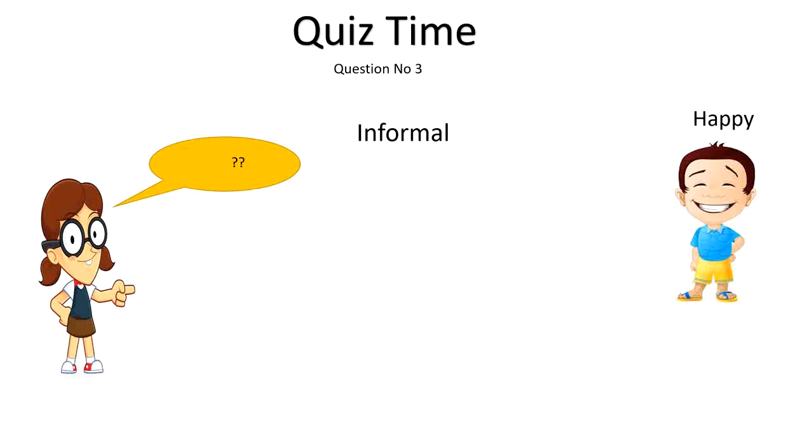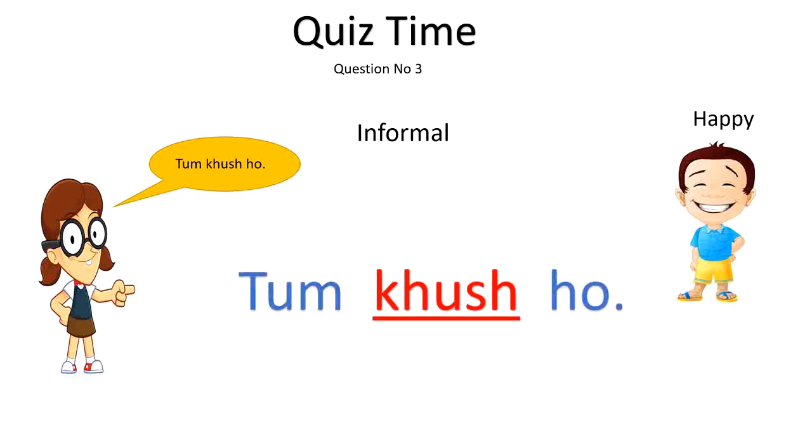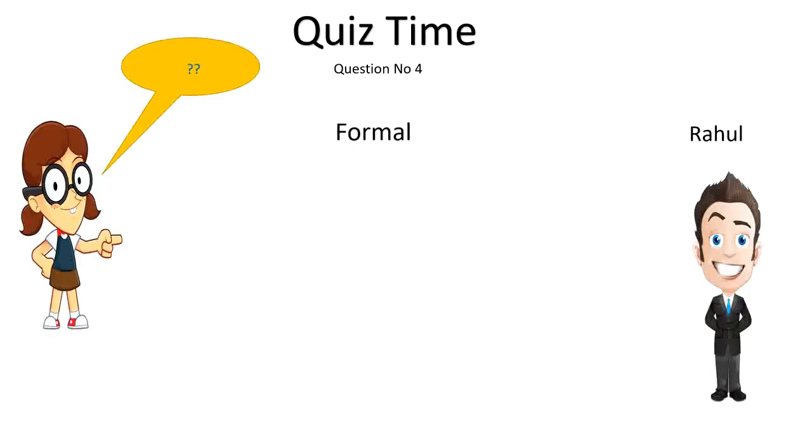Are you ready with the answer? तुम खुश हो. तुम is informal. तुम ends with ho. Happy is खुश. तुम खुश हो. Question number 4 is on your screen. The conversation has to be formal.